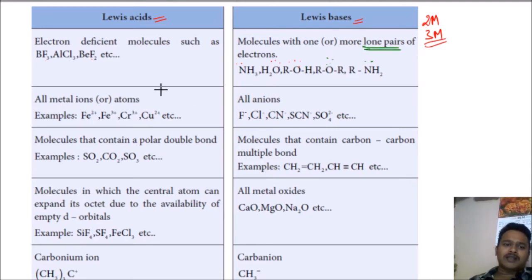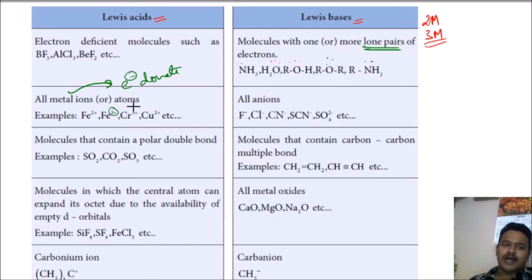All metal ions are Lewis acids. Metal ions have a positive charge. Metal itself means it can donate electrons. So Fe2 plus has already donated electrons, 2 electrons lost, now it is electron poor. Fe3 plus has already lost 3 electrons, so now it is in a poor state.